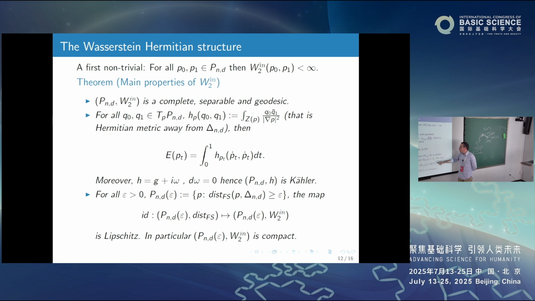What we managed to prove is that if you take an epsilon neighborhood of the discriminant in the Fubini-Study distance and remove it, then on the complement you are compact with respect to the W2 inner metric, but otherwise it's not. We can regard it as an open question that we are still not able to answer in its full generality.